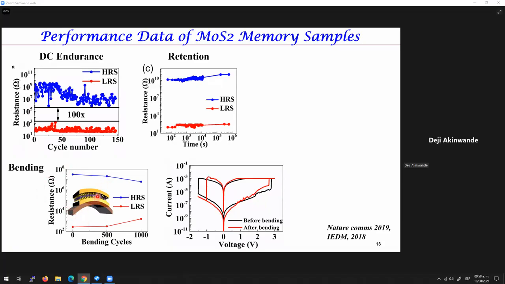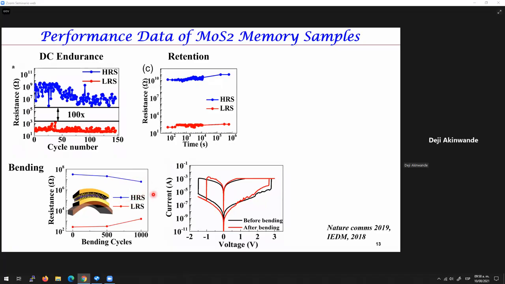Of course, because the 2D materials are inherently ultra thin, they're very flexible, so you can place them on a variety of flexible substrates. Shown here is device data of the memristor device placed on Kapton or polyimide, and this is the so-called bending endurance. We can bend it repeatedly, in this case over about 1,000 cycles, and the state remains in its initial state.